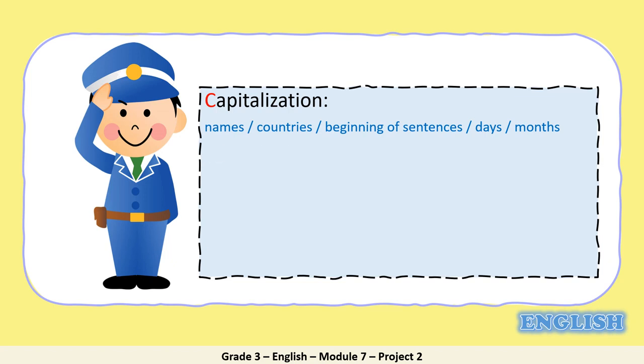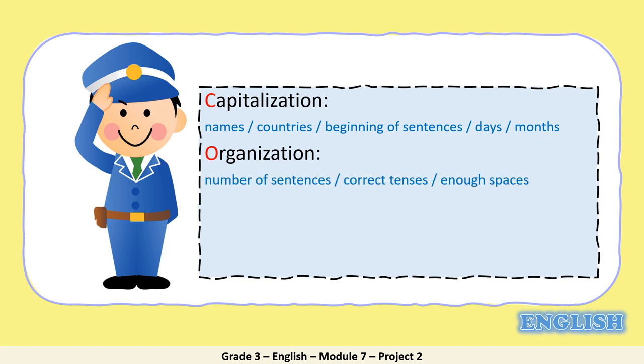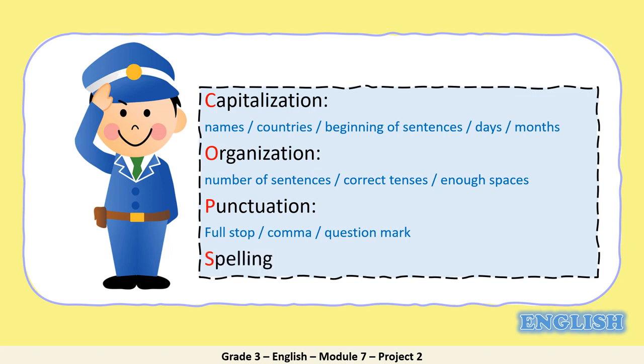This means the number of sentences, using correct tenses, and leaving enough space between words and sentences. P stands for punctuation, and this means using full stop, comma, and question mark where needed. S stands for spelling, and you can always go back to your book to check the spelling of words.